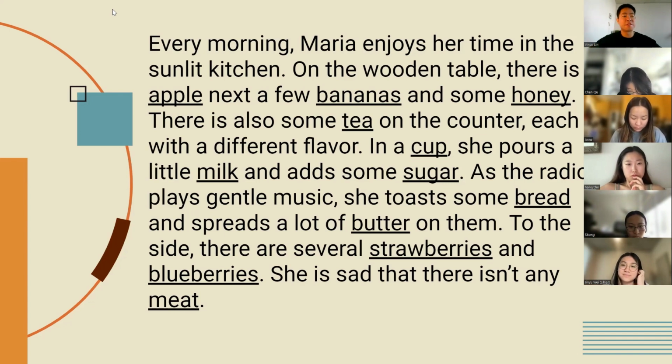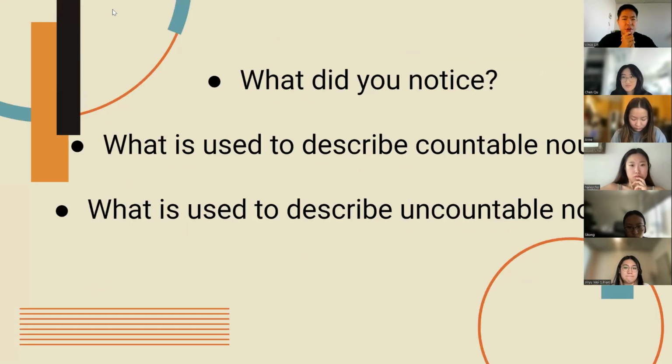So hopefully after this activity, you can know the difference between countable nouns and uncountable nouns, right? Okay, so before we move on to the next section, I do have a short question for you guys. What did you notice? What is used to describe countable nouns and what is used to describe uncountable nouns?